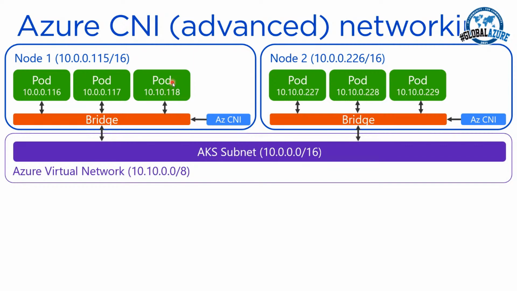So every pod, every instance of a container of your application, gets a dedicated IP address within your subnet, which means that you can directly access the pods inside your network, and you don't have this NAT in between. Of course, you're using more IP addresses of your subnet, but if you have a dedicated subnet, this isn't a problem. You can scale out more with this option. So you can have more instances with that.